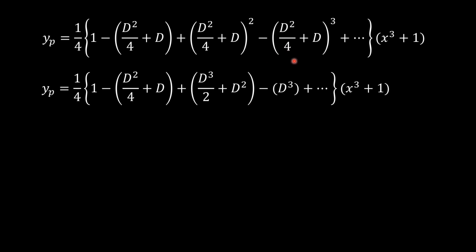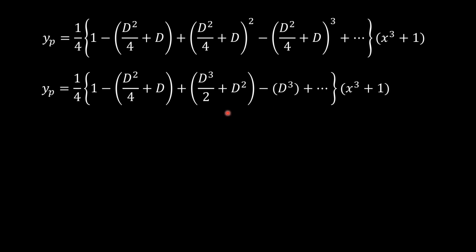Minus, if we obtain the cube of this bracket, then in the expansion we will get only the D cube term, and the remaining terms will have power greater than 3. So we have neglected them, and therefore we have considered only the D cube term from this bracket. Further brackets will give us derivatives of higher order than 3. So we have neglected them because they will give us derivative 0 only.